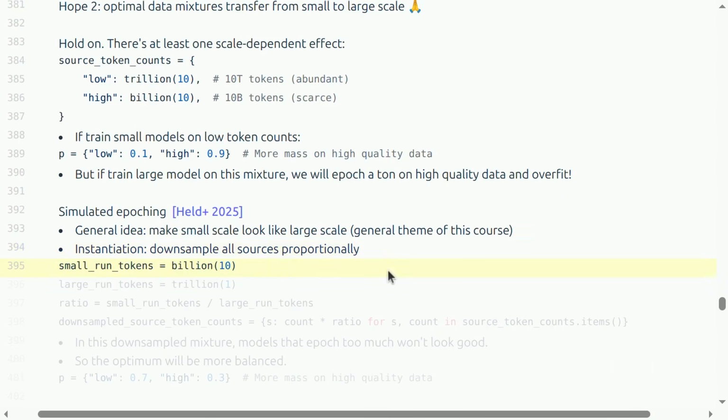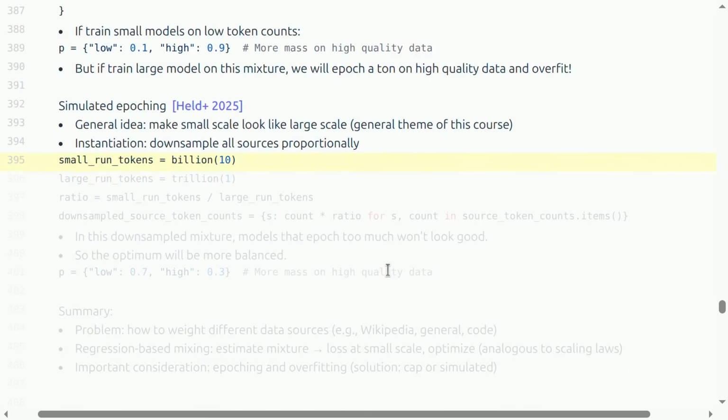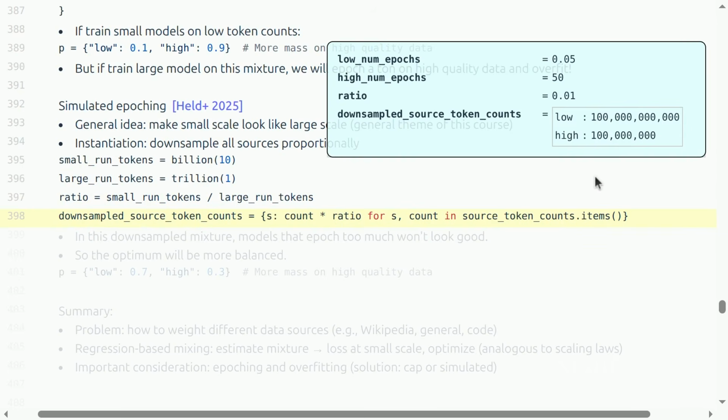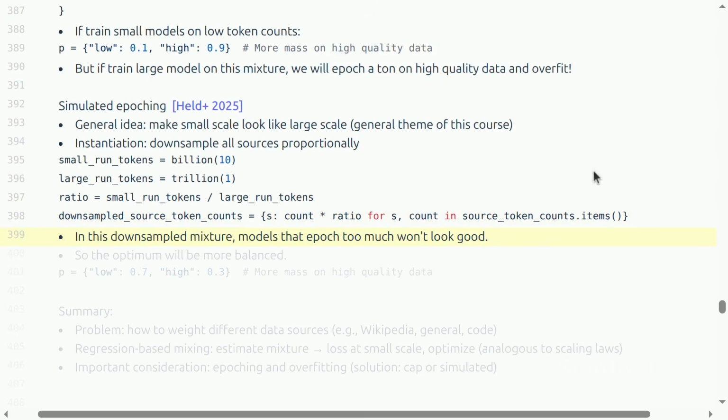If your small runs were 10 billion tokens and your big run were 1 trillion tokens, then you have 1 in 100 downsampling, and then you basically use the downsampled mixture.